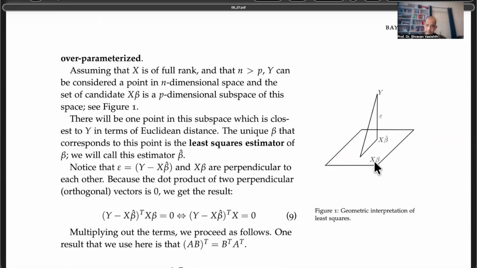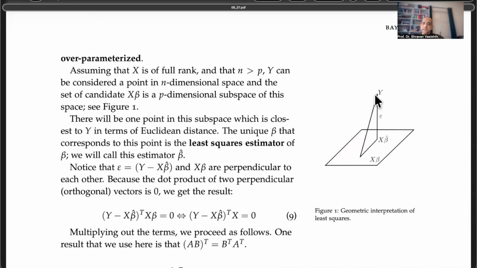X beta here refers to this entire subspace, which represents different values of beta. You could have any possible value of beta. But what we want is a particular value for the vector beta such that the distance between the vector y and this subspace is minimized.